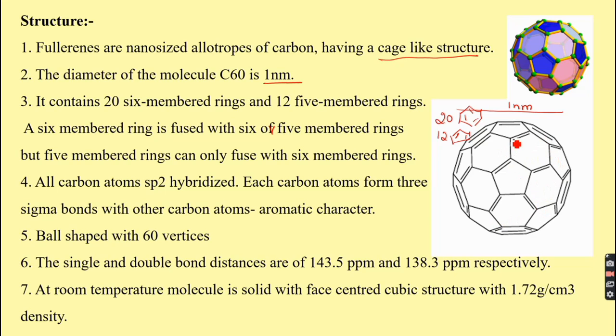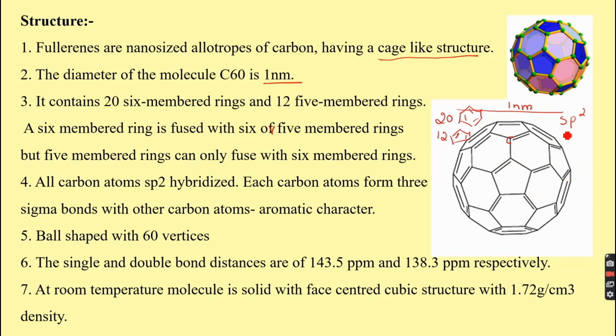All the carbon atoms here undergo sp2 hybridization, and each carbon atom forms 3 sigma bonds with other carbon atoms, aromatic in character. So a ball shape with 60 vertices is formed.